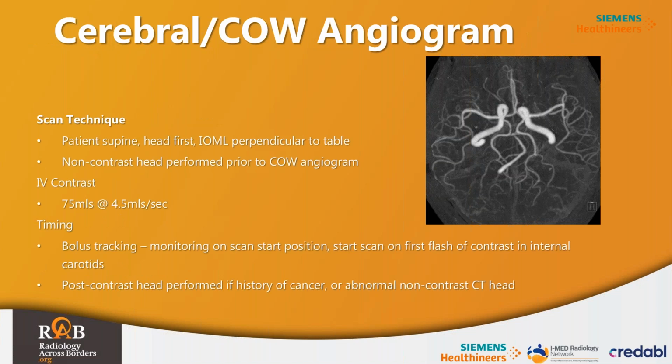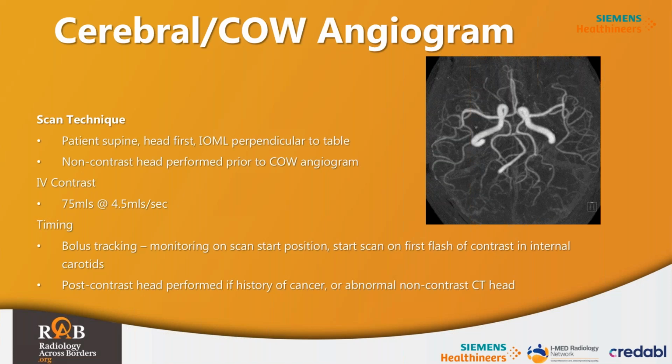So looking at the circle of Willis, clinical indications can be aneurysm, headaches, etc. Scan technique, generally we're going to be head first this time. We're going to perform a non-contrast head prior, and then we're going to move into the contrast.